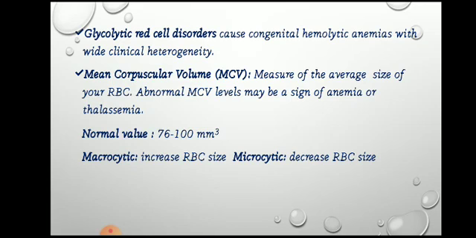Generally, the normal values for the size are in the range of 76 to 100 cubic millimeters. If the size of RBCs is increased, the condition is called macrocytic, while decreased size is called microcytic.